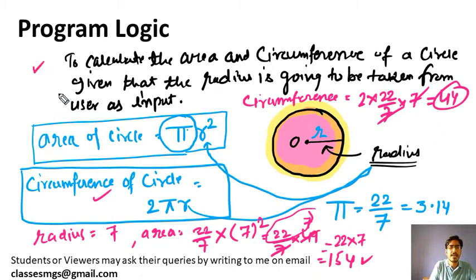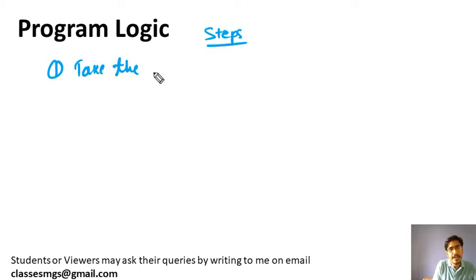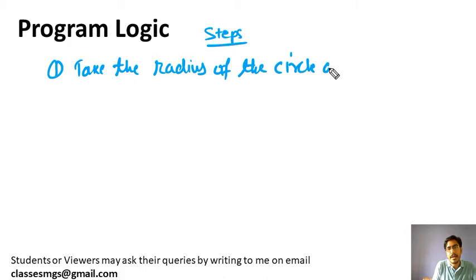So this is the problem that we want to solve using Python. Let's see the steps, how we can solve this using Python. First we will discuss the algorithm. Now the steps. First step is to take the radius of the circle as input from the user.